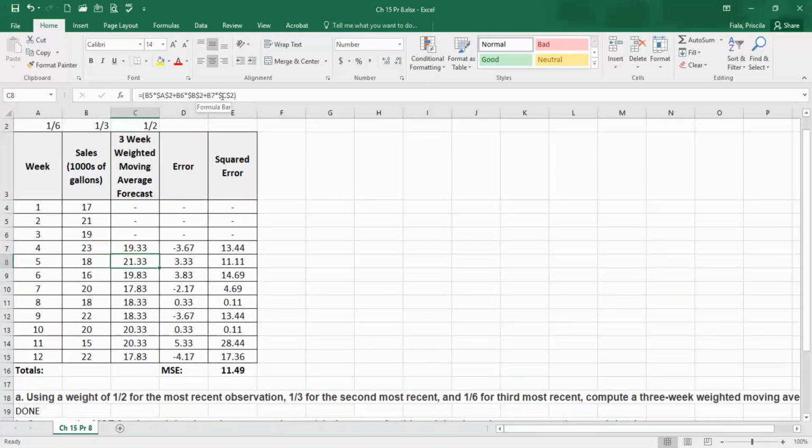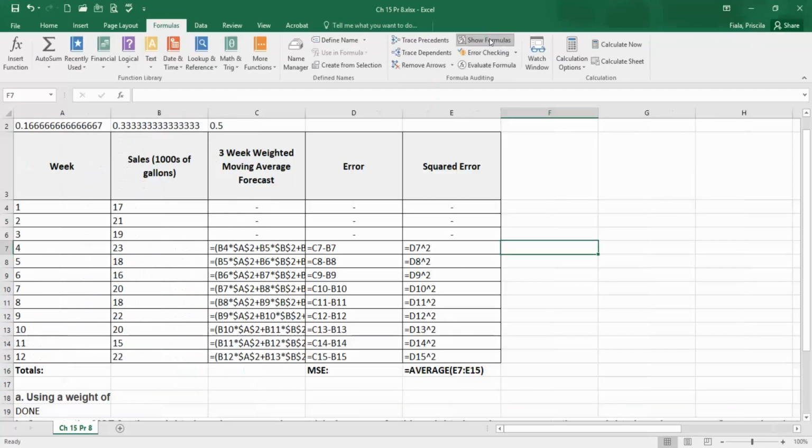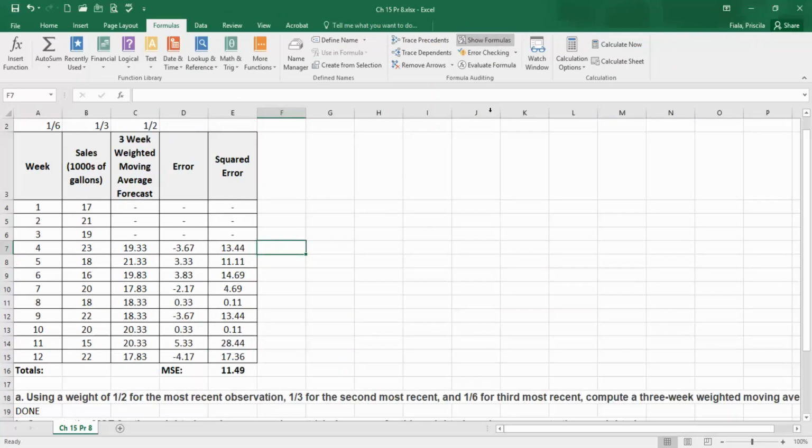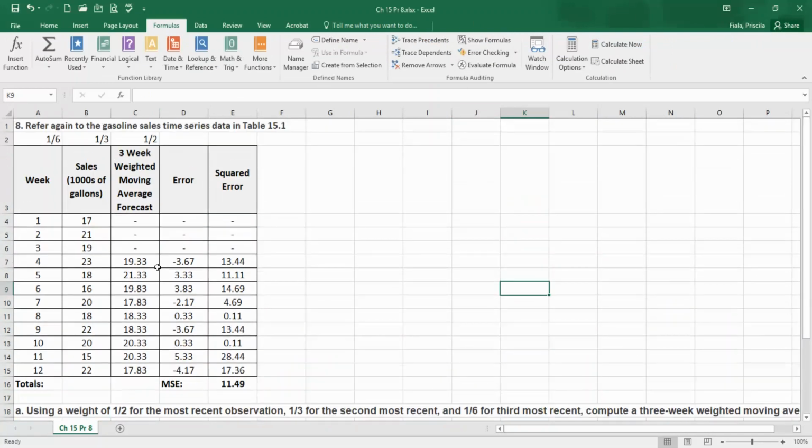If there are no calculations, if you just type the numbers in here, no points are going to be earned. You don't have to spell out the formula for me. I can just go to Formulas, Show Formulas, and see if you actually inserted formulas. The best thing is to refer to the templates that I provide to you every week, because then you already have the questions and the formatting all together.